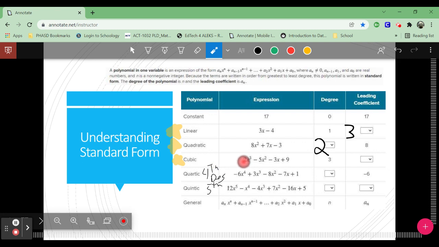The first number I come to is 2, so 2 is the leading coefficient. And this one is x to the fourth, so it's fourth degree. The leading coefficient is negative 6. And then x to the fifth, that's fifth degree, and the leading coefficient there was 12.